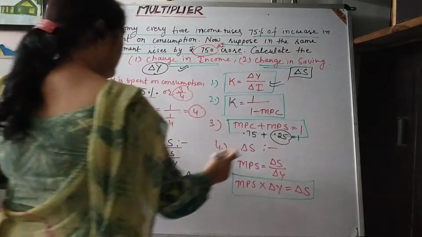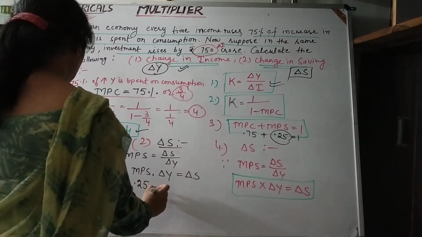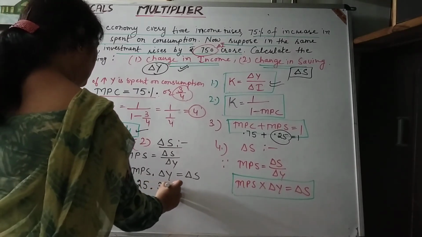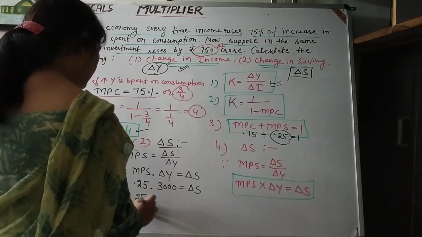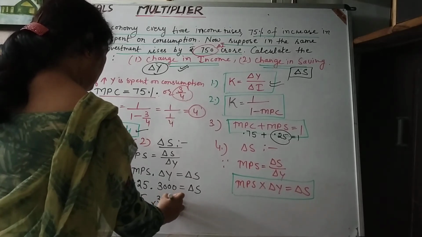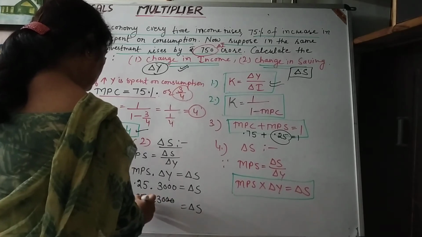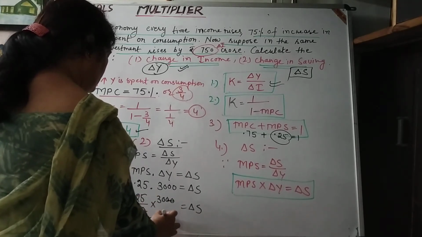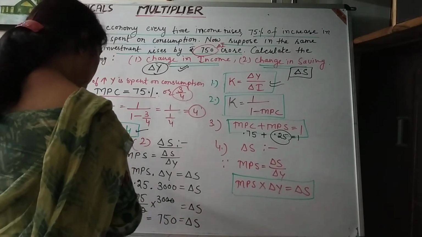So the value of MPS will be 0.25 multiplied by delta Y, which is 3000, is equal to change in savings. So 25 divided by 100 multiplied by 3000 is equal to 750 crore rupees, the value of change in savings.